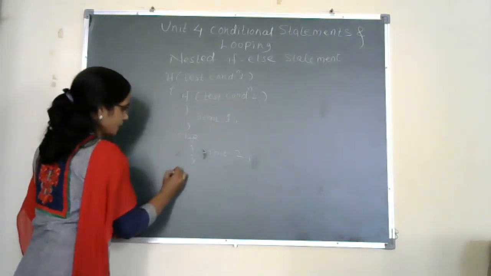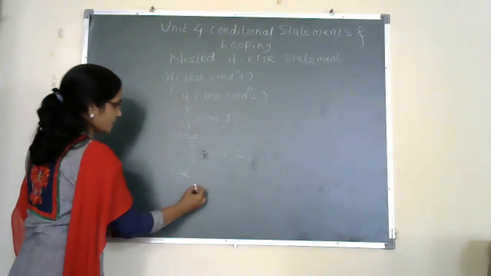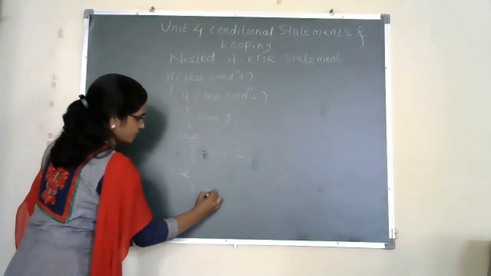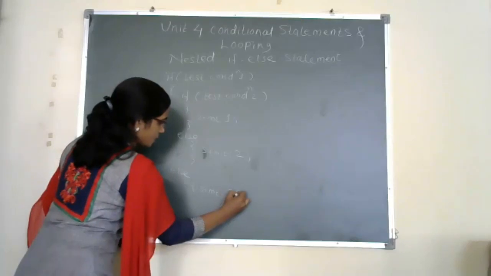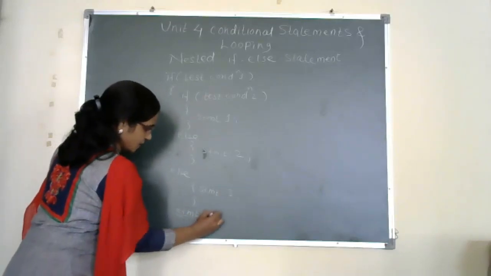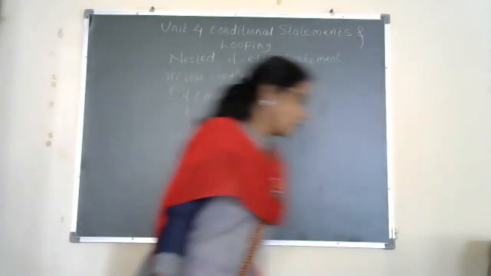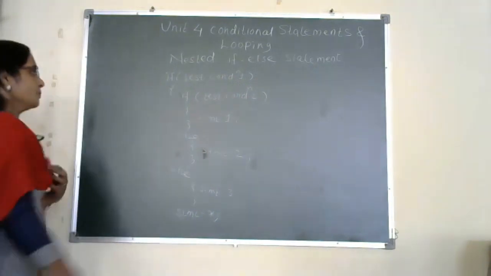And now here the else of the first if statement, here it is statement 3 block, and then the general statement X. So this is the syntax of the nested if-else statement.